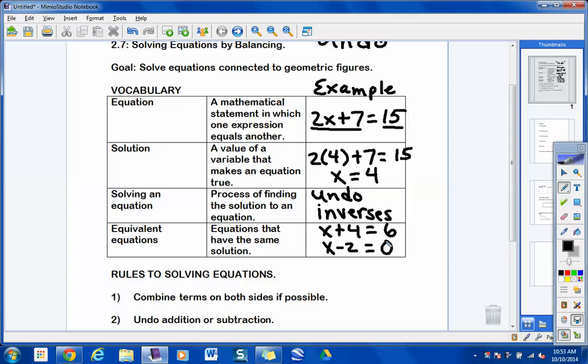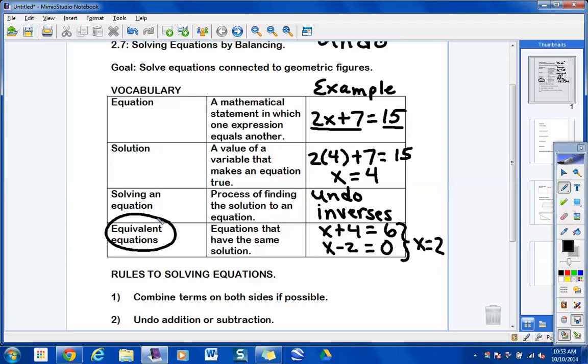In both cases, x equals 2. Since both of those equations require x to equal 2 to make them true, we would call these equivalent equations, because they have the same x value, or the same solution.